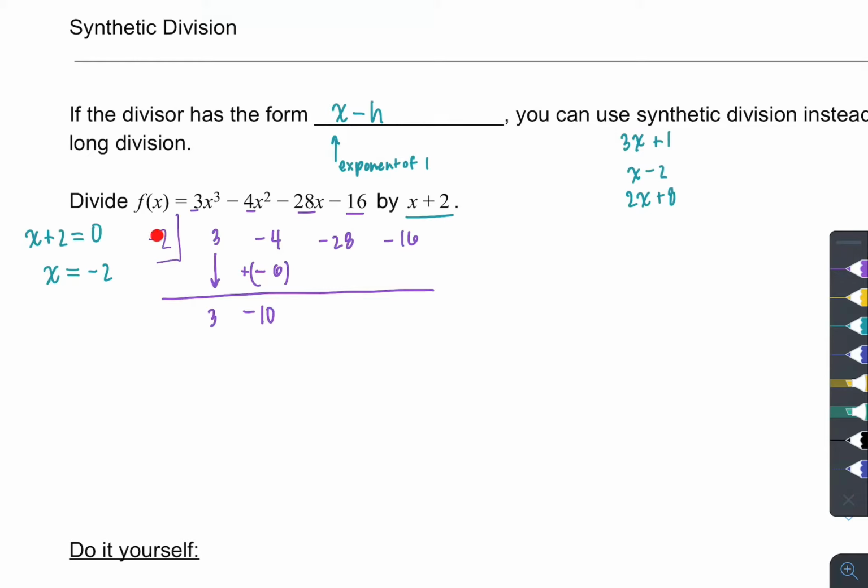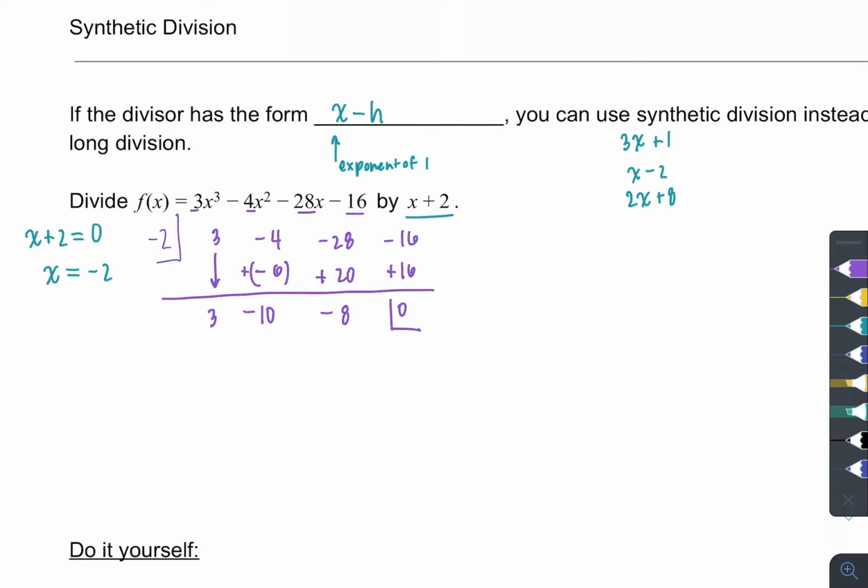And then we do it again. We multiply by this number, so negative 10 times negative 2 is positive 20. And then we add straight down, so we get negative 8. Then we multiply, get positive 16, add them together, we get 0. All right, so we have a remainder of 0 for that one.